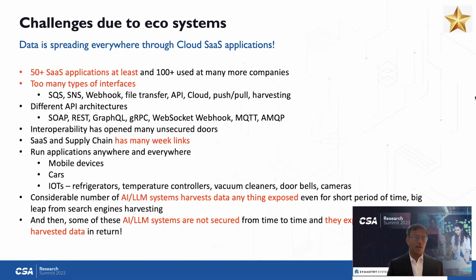These applications also come with different types of interfaces. Some have webhooks, some have file transfer, some have different types of API harvesting, and so on. So these APIs, webhooks, and file transfers could be at risk if not properly tested or configured.